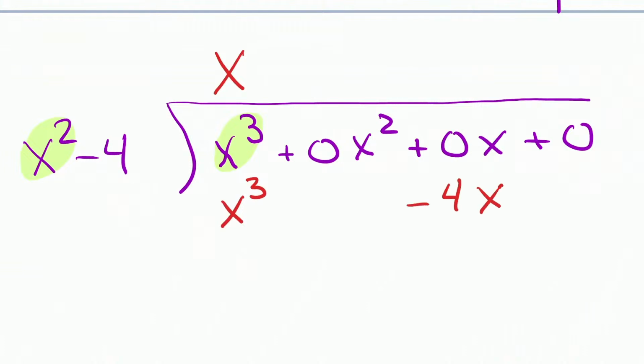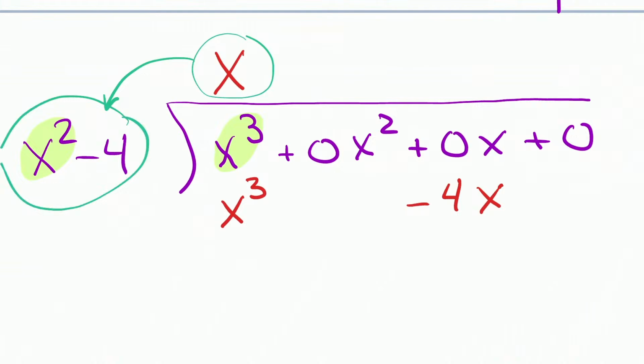So notice what's happened here. And once again, if you're not as familiar with long division, here's how it works. You take that thing where you say, okay, x times x squared is x cubed. That's all well and good. But you need to multiply that x times everything over here and stretch it out down here so that it all lines up in the proper place.